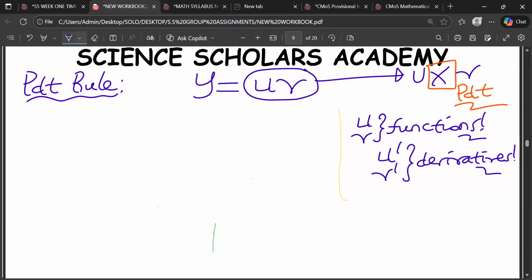So listen carefully. If you don't listen, you will not pass, because calculus is a full element of construct. So u and v are functions, but the moment we put these primes, u prime, v prime, they are now called derivatives. After differentiating u, you get u prime. After differentiating v, you get v prime.